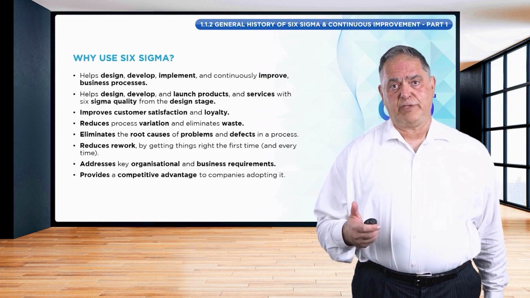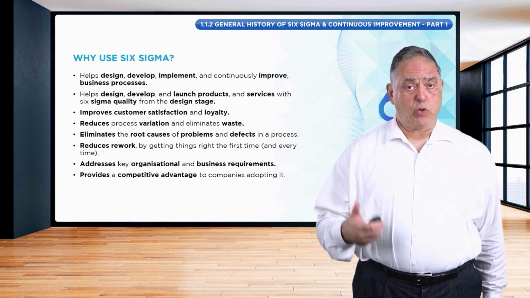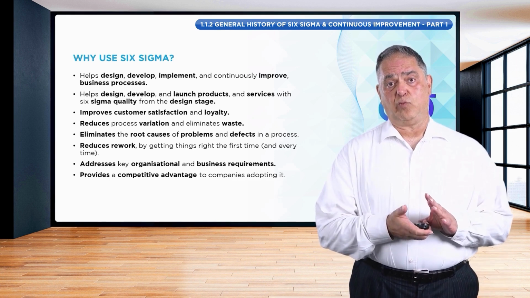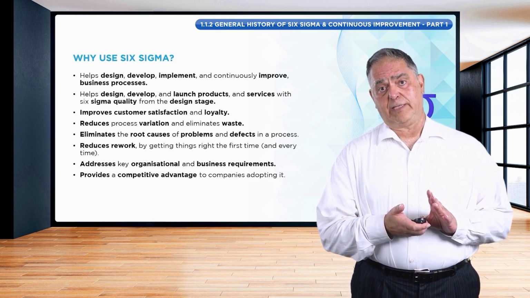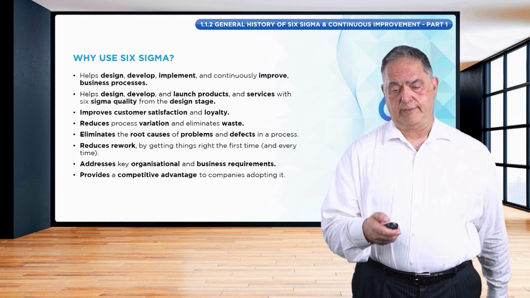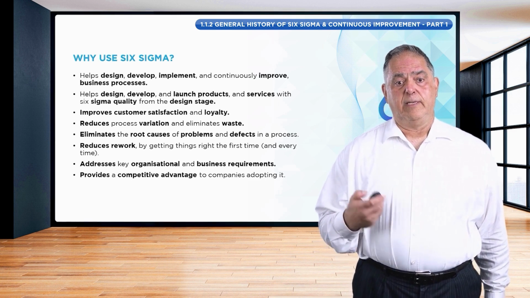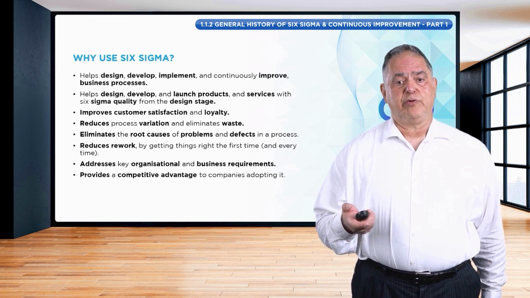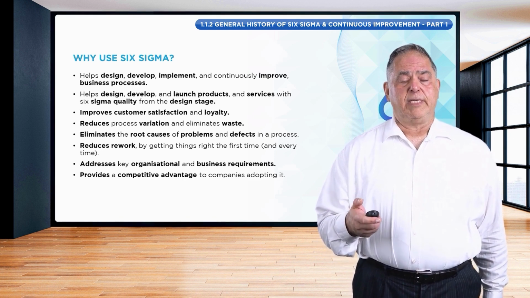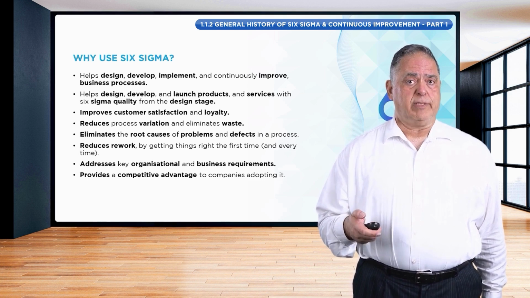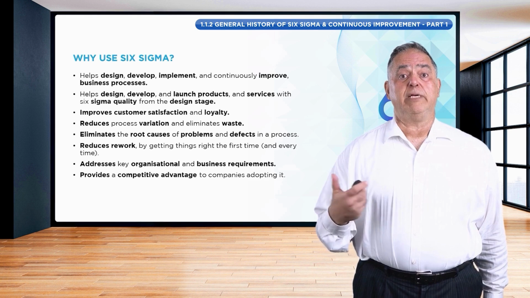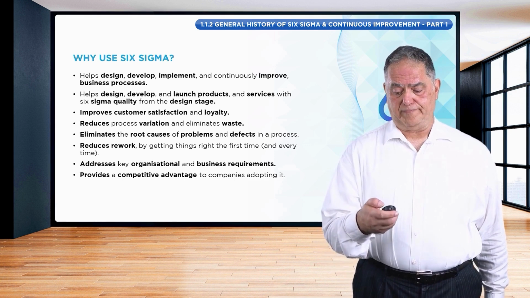Reduces process variation, common cause variation, and eliminates the various forms of waste. And later we're going to talk about the 8 forms of waste. Eliminates root causes of problems and defects in a process, and reduces rework by getting things right the first time and every single time.